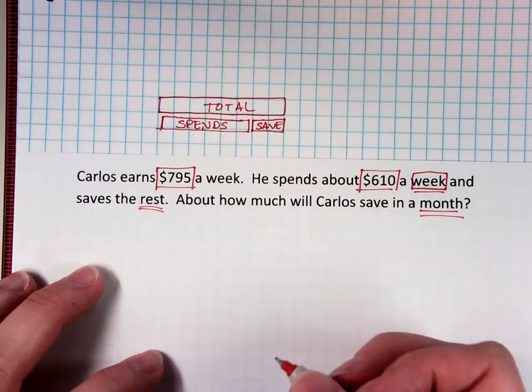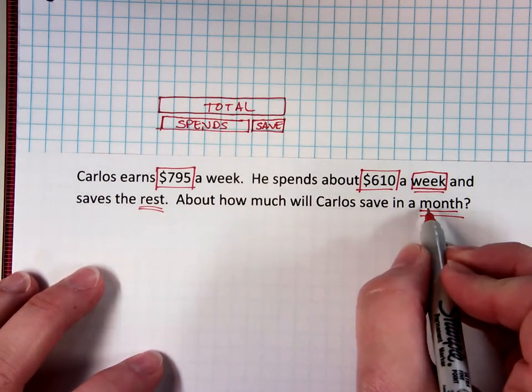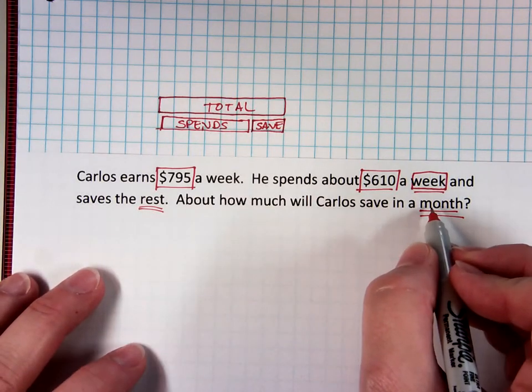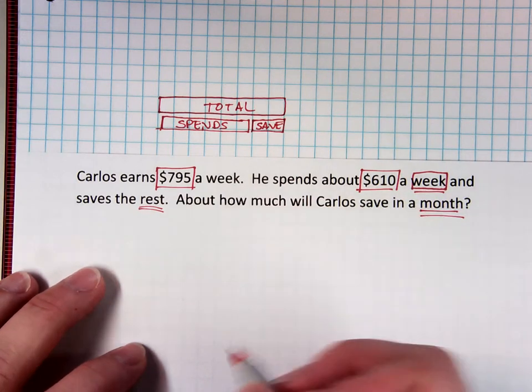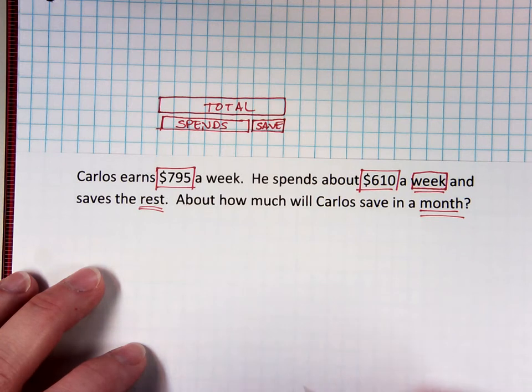The question is asking us to find how much Carlos saves in a month, but I believe that our plan is going to be to figure out how much he saves in a week first, and then figure out how much he saves in a month.